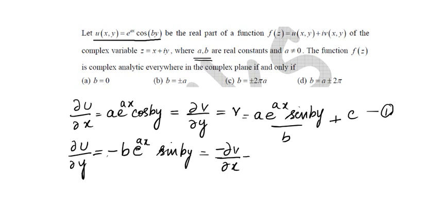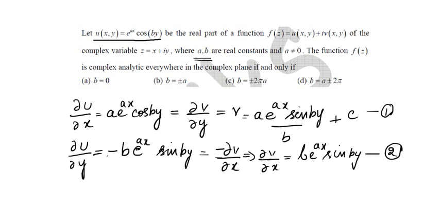So ∂v/∂x equals b e power of ax sin by. Keep this as equation 2.